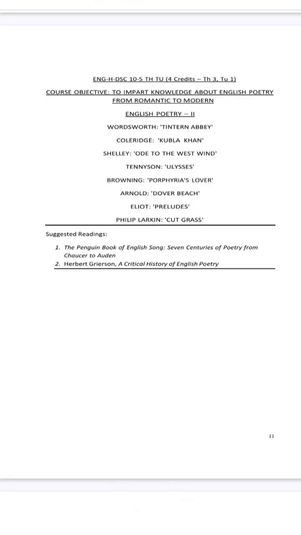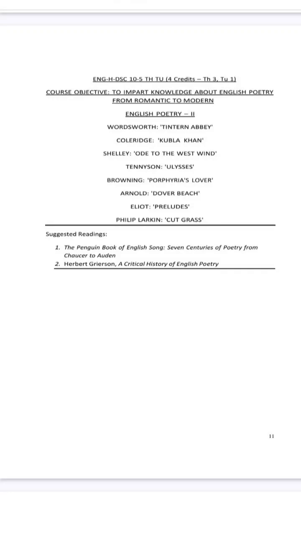Then we have Shelley's Ode to the West Wind, with the focus on symbolism, how wind is portrayed as a destroyer and preserver having a revolutionary power, and how Shelley is portrayed as an unacknowledged legislator of mankind.